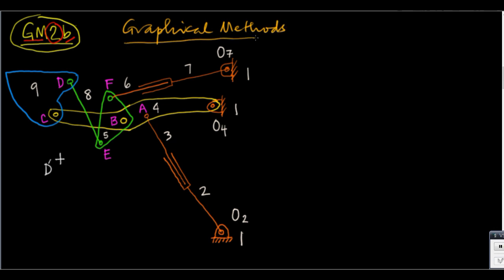And this figure, although not drawn to scale, represents figure 2.3a of Gaussian Malik. We want to get some graphical or geometrical insight into the solution of this problem.